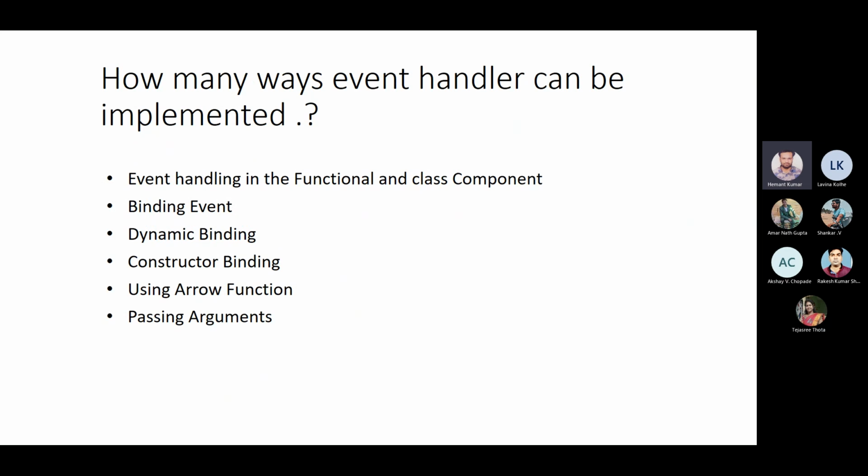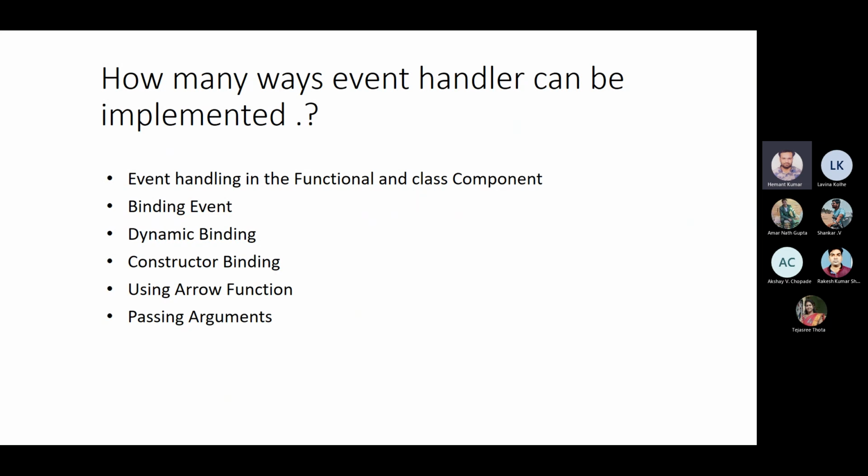Next, how many ways can an event handler be implemented? There are multiple ways. We will see event handling in the functional component and in the class component as well. In the class component, while declaring the state, we add the constructor part to the class component.